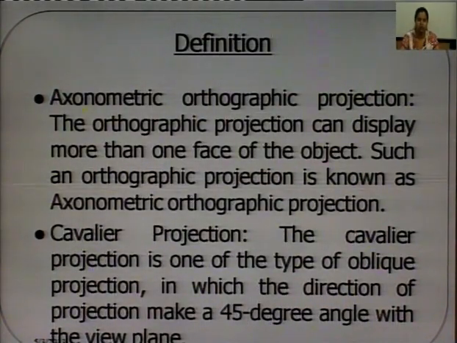The Cavalier projection is a type of oblique projection in which the direction of projection makes a 45-degree angle with the view plane.